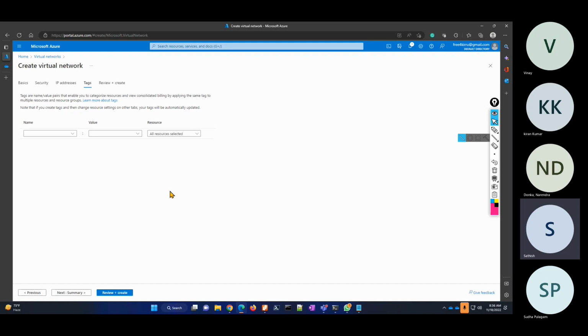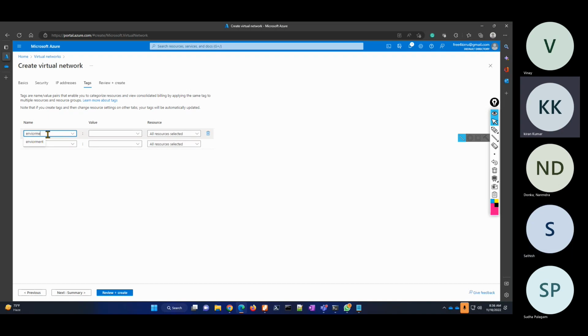So that's the reason Microsoft gave the tags. When you are deploying the virtual machine, you can provide the tag. Suppose this is the environment. What is the purpose? This is my production, so I can give production. And who is the owner?